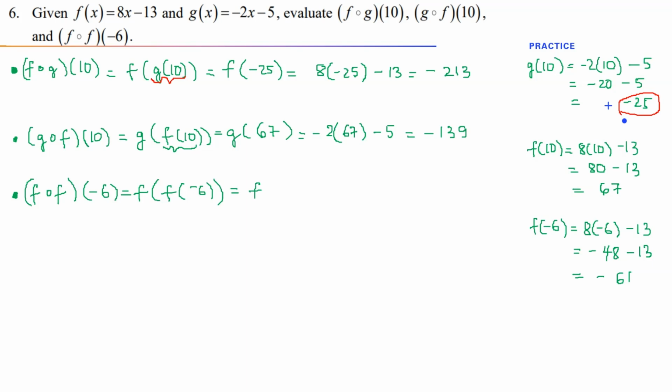So we have f outside. f of negative 6 is negative 61. Now we have 8 times negative 61 minus 13. That will be 8 times 1 is 8, times 6 is 48.